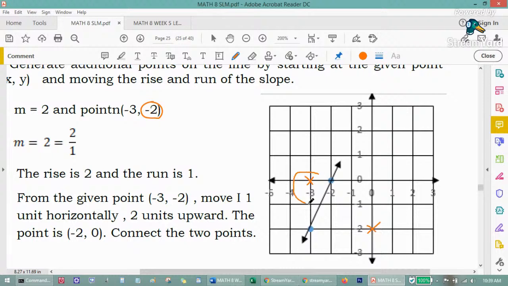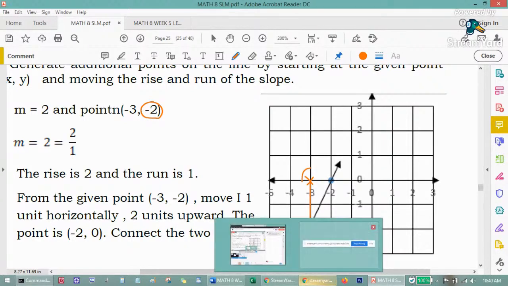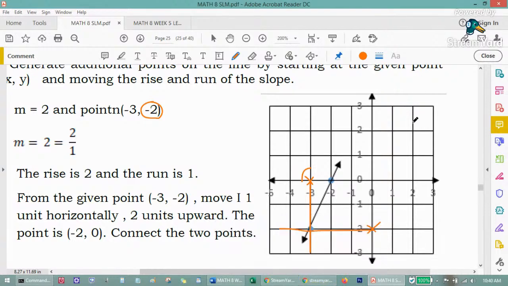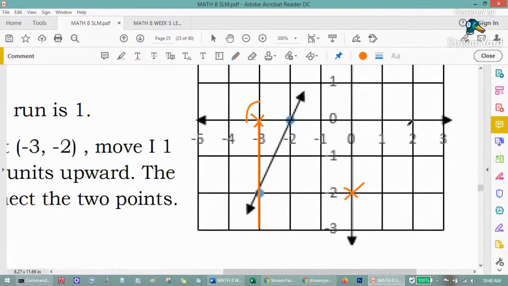Okay, so negative 3 ng x, and then negative 2 ng y. So, dapat yung point is nakatapat sa negative 3 ng x and nakatapat sa negative 2 ng y. Okay? So, yun yung point.